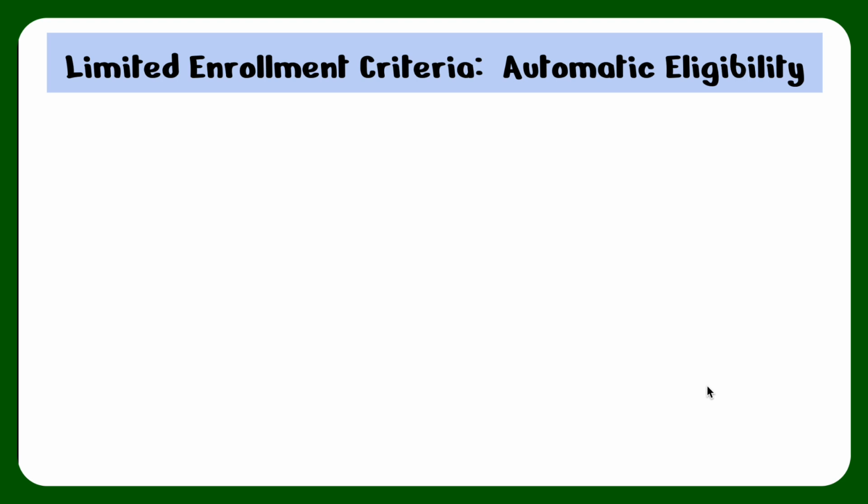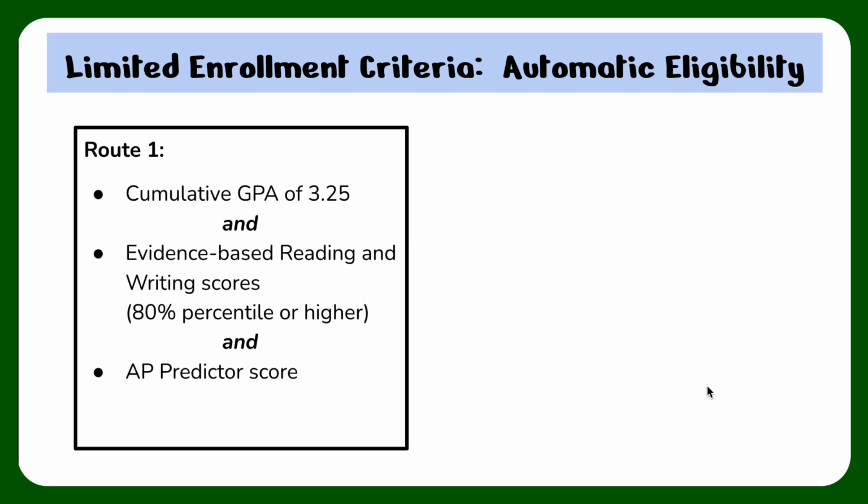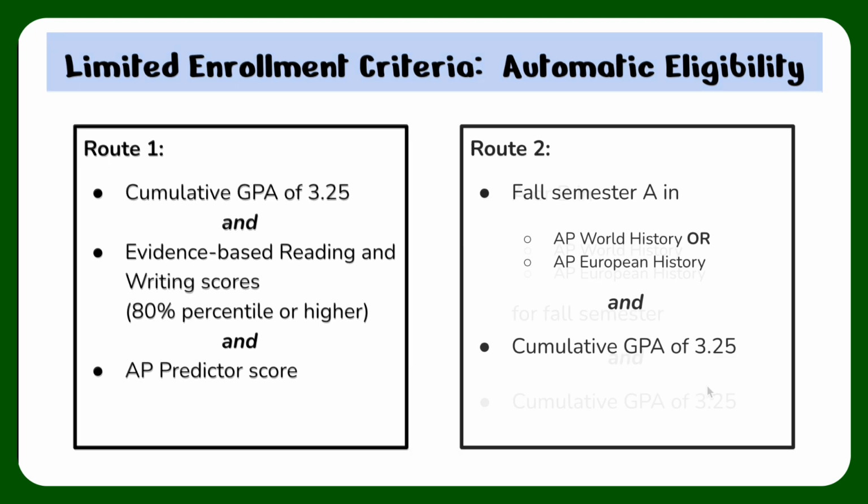Automatic eligibility. You will be eligible to take this. We will invite you to sign up if, route 1, you have a cumulative GPA of 3.25, and on the PSAT, you scored an 80% or higher on the evidence-based reading and writing, and your AP predictor score falls within the range that we're looking for.